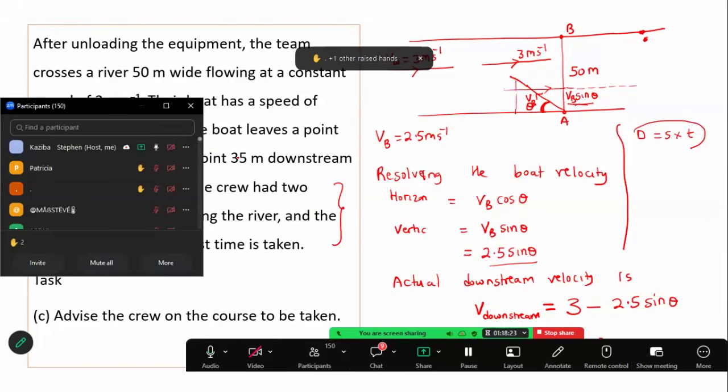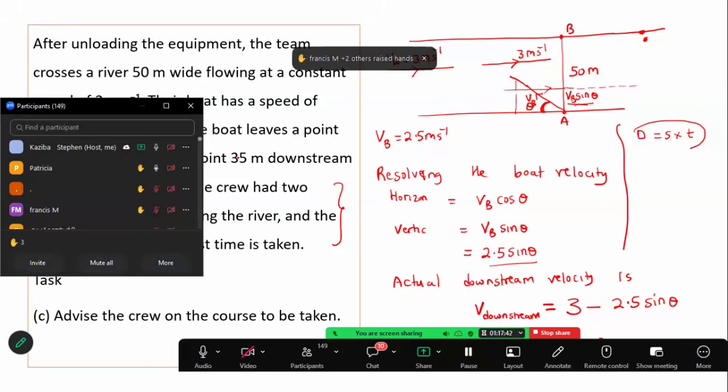Yes, Patricia. So I think what's disturbing people is the fact that they said 35 meters downstream, and yet people had mastered that for the shortest time possible, you take the upstream path. Also, on the part of the velocity that you used, the resultant velocity, subtracting 3 from 2.5 sine theta, how exactly does it come about, and how does it make sense for it to be the velocity we are now multiplying by the time to get the distance?